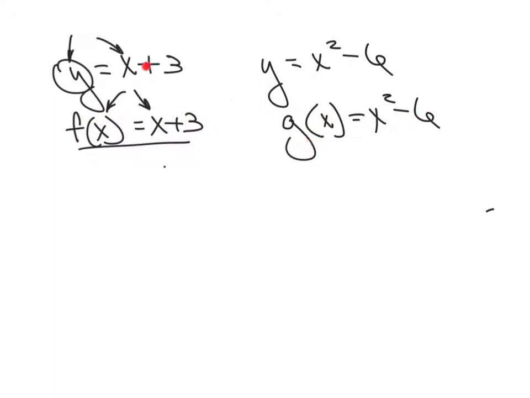So you don't have to say the equation on the left or the equation on the right. You just say f of x or g of x, and that tells you which equation you are talking about. Instead of saying y and y, you're calling it f of x and g of x. It's just giving it a specific name.